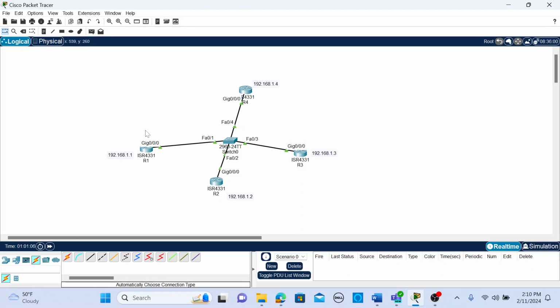And if for some reason the DR goes down, they both exchange hello messages via multicast address 224.0.0.6. If DR goes down, the BDR becomes active, which means the BDR will become the DR, and then the DR others will participate in an election and fight to get into the BDR spot.